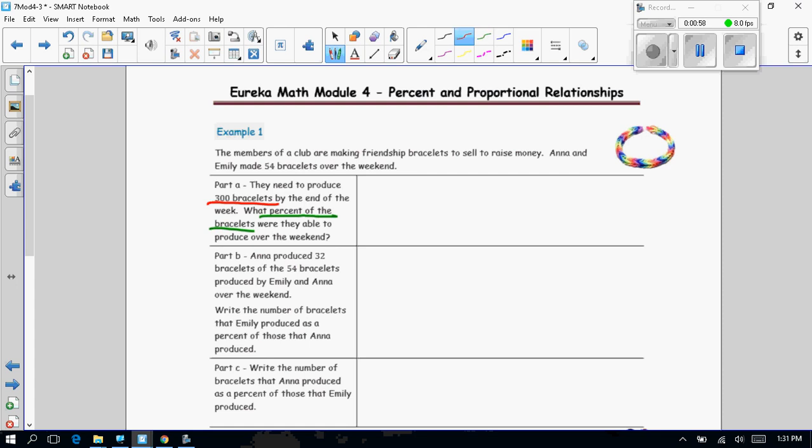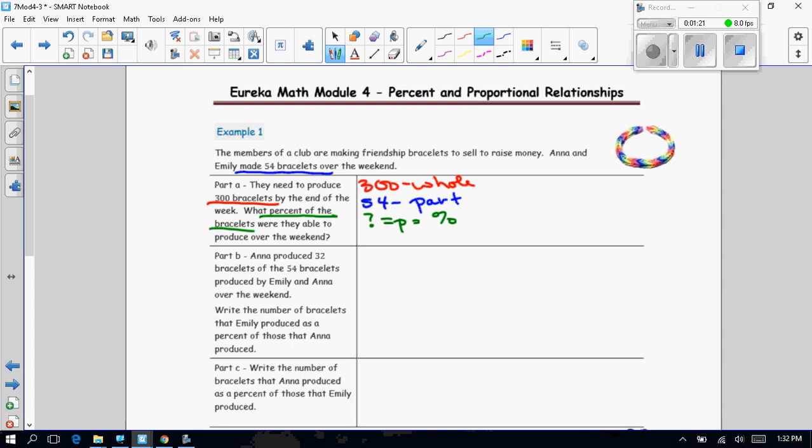Okay, so we know that 300 is the whole. And if we go back up to the original, we also know that they have made 54. So 54 would represent the part. And the percent is what we don't know. I'm going to label that P for percent because I'm not very original.